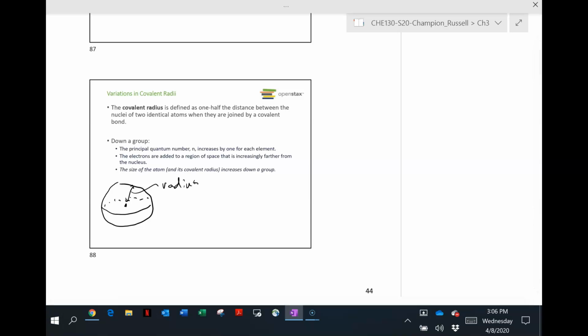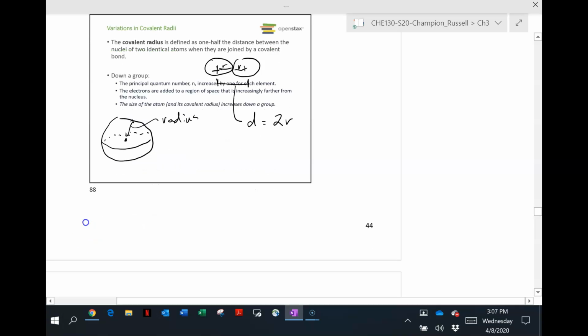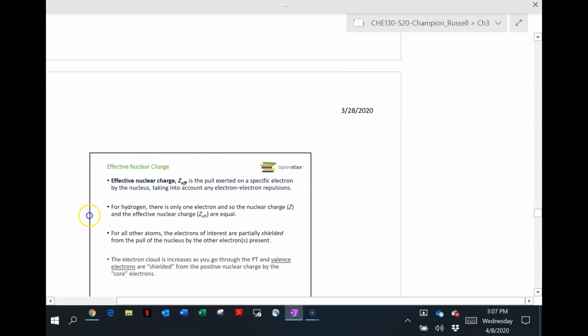What this sentence up here talks about is that if I have two atoms that are joined by a covalent bond, and I can tell that the nuclei are that far apart, then that distance d is going to be equal to 2 times the radius. It's going to be one radius here, one radius there. That's the way we can measure the radius. It gives us kind of a guide.